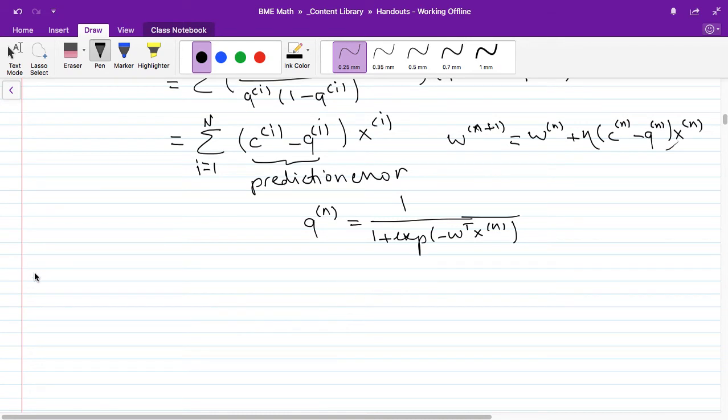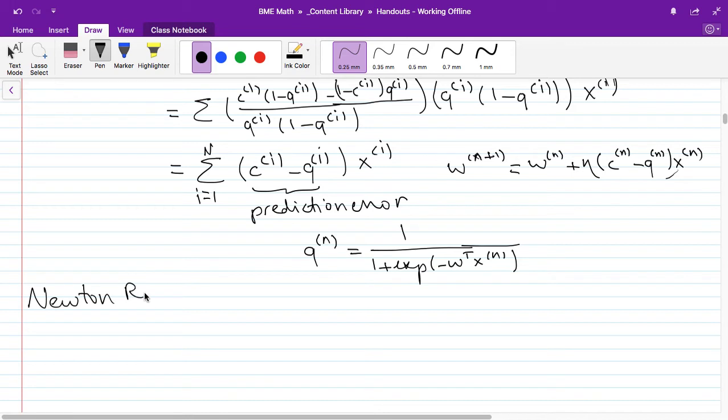If you remember, in Newton-Raphson, we need not just the first derivative of the likelihood with respect to w, but also the second derivative of our likelihood with respect to w. And so that's what I need to find.